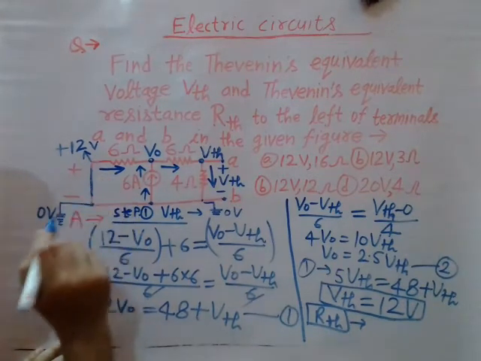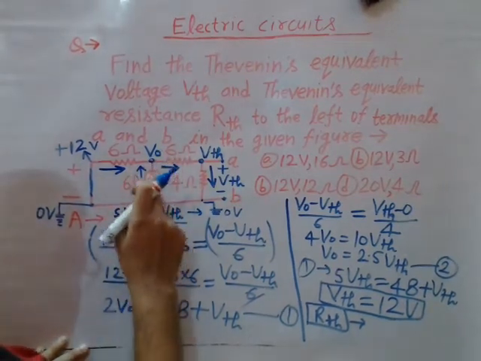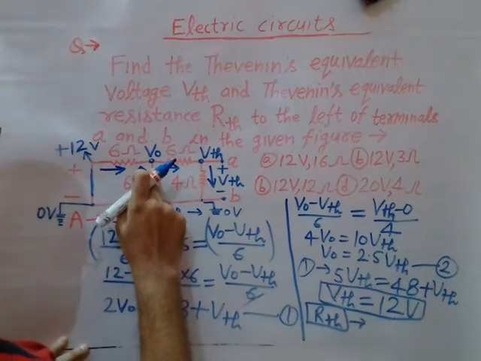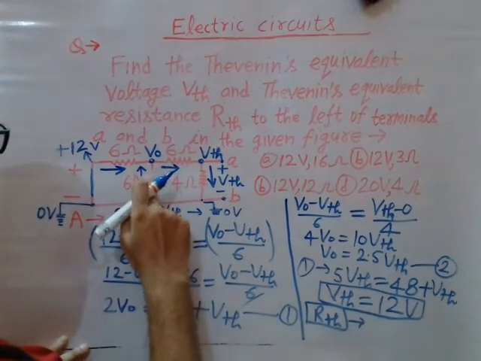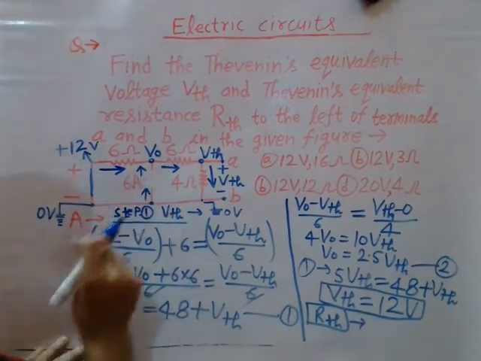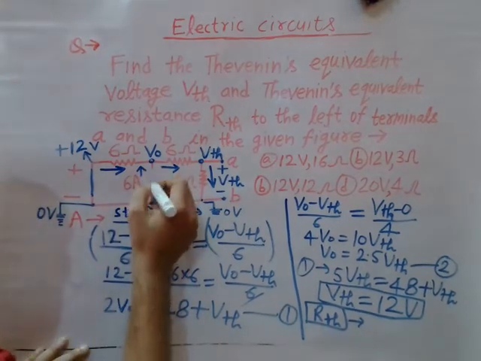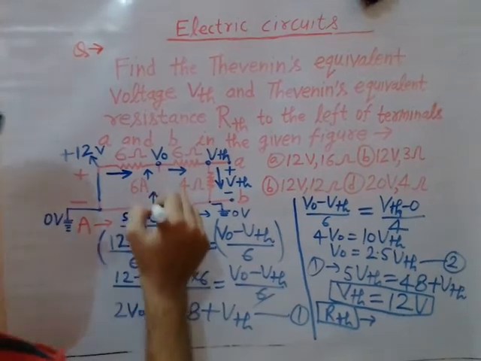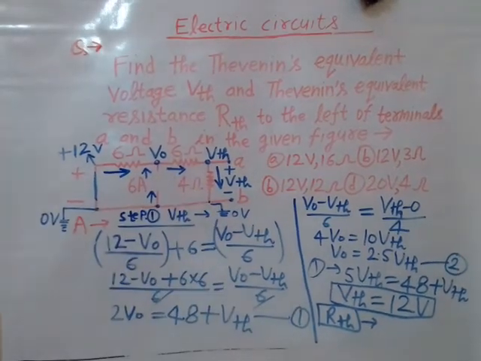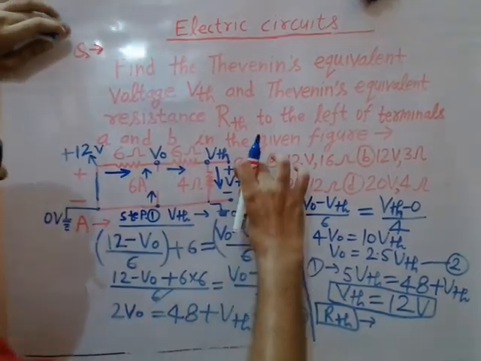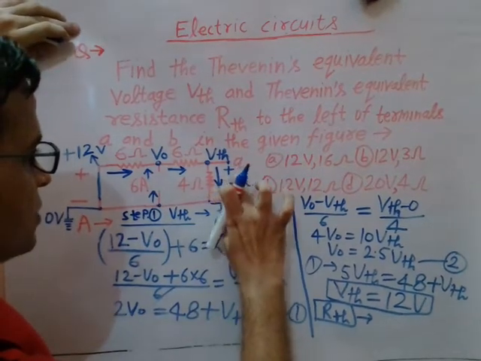Because both points are shorted. This is independent current source, then you have to make it open circuit, right? To nullify the effect of 6 ampere current source, right? So this is now open circuit, so effect is nullified due to this independent current source, right? Now find out RTH across these two terminals, that means across A and B.